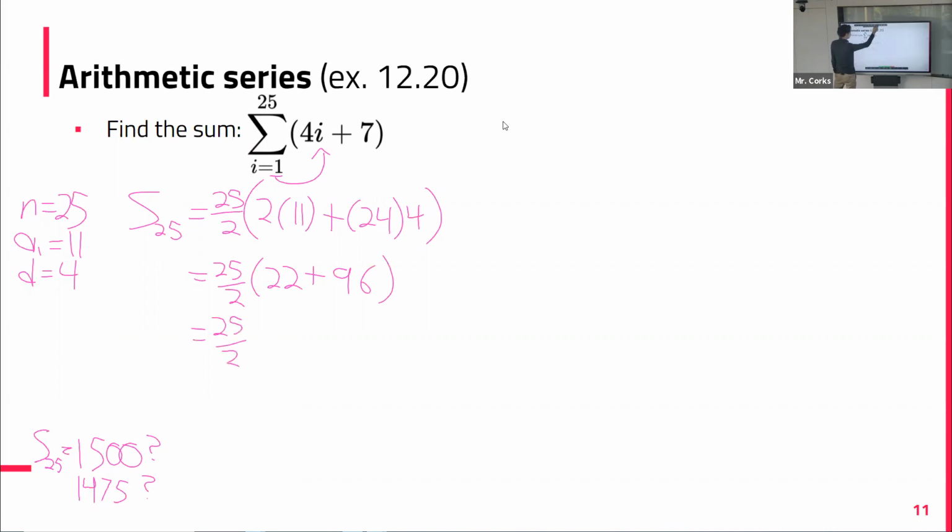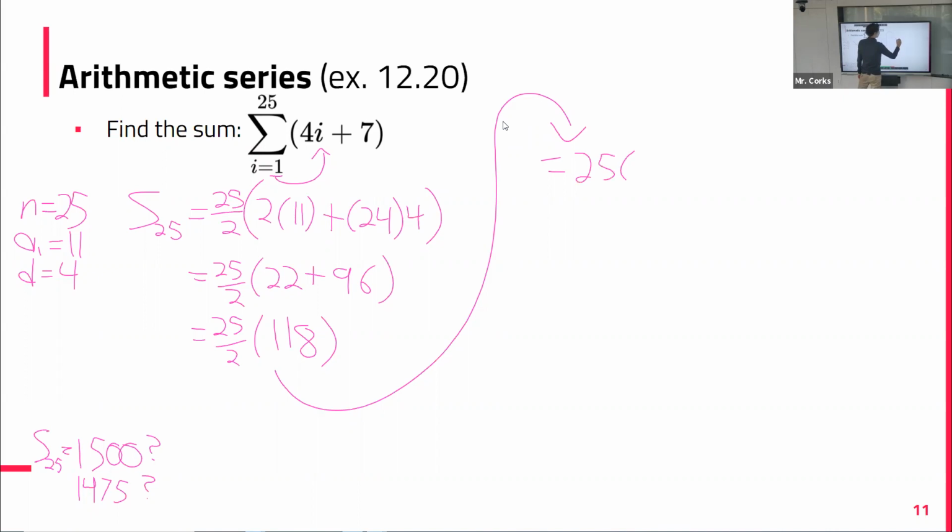25 over 2. All right, and our number in here, 118. So just trying to simplify. Lots of ways we could do this. I would just take out the factor of 2 here, multiplied by 59 here, okay?